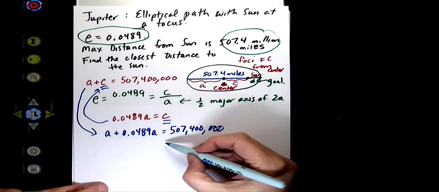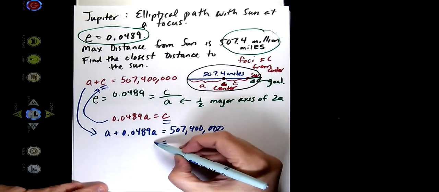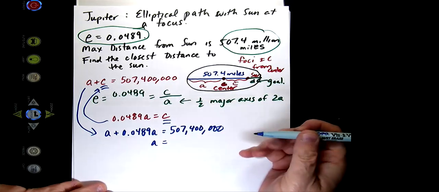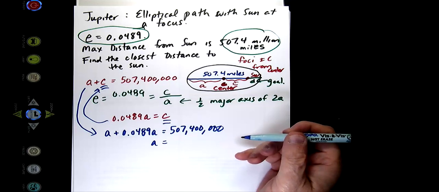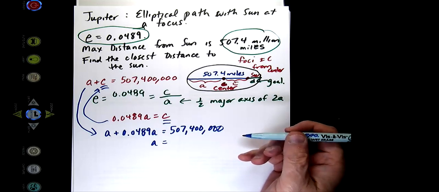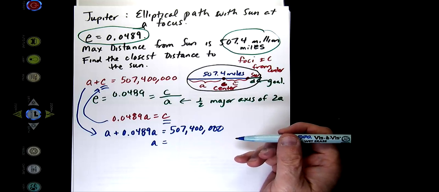If I add these two A's together, what do I get? It's the coefficient. This is not a trick question if you're thinking I'm trying to trick you.